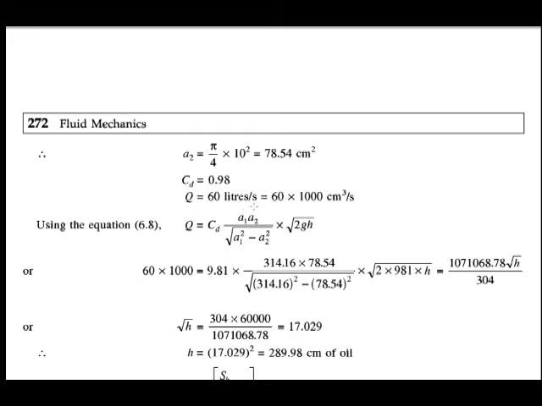Convert it into centimeter cube per second, which is equal to 60 into 1000 centimeter cube per second. Then the formula for the discharge is given as CD into A1 A2 upon square root of A1 square minus A2 square into under root of 2GH.